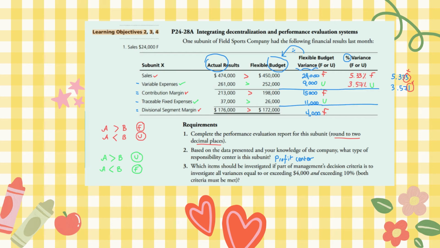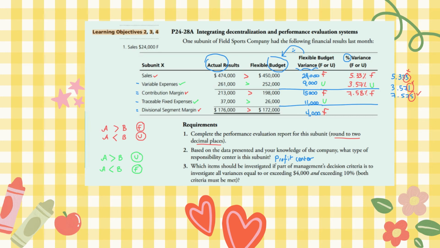Now for contribution margin, I'm gonna divide 15,000 by 198. Then I need to multiply my answer with 100, so it's gonna be 7.575. So I need to round it to 2 decimal places, so I'm gonna look at the third number. Is it 5 or greater than 5? Yes. So my answer will be 7.58%, and it's also favorable.